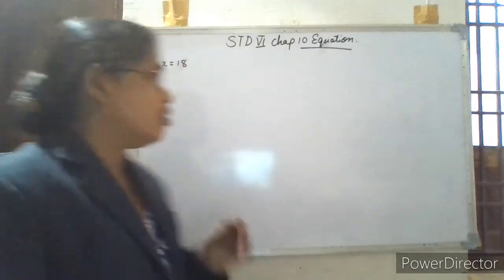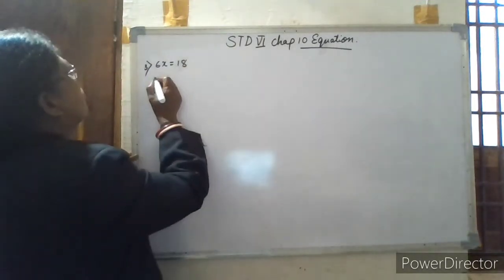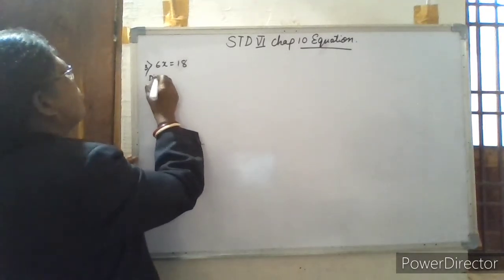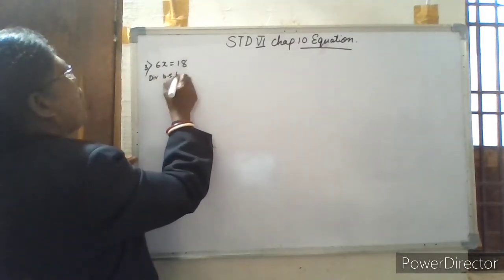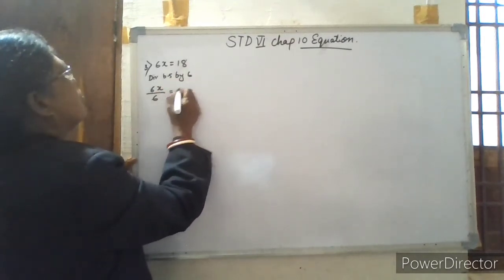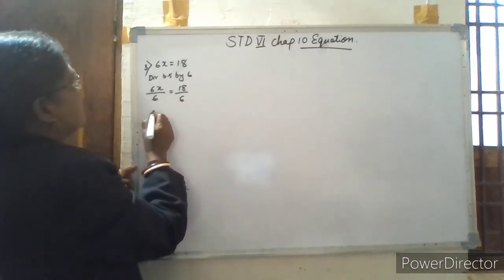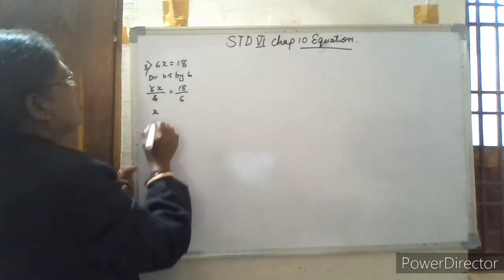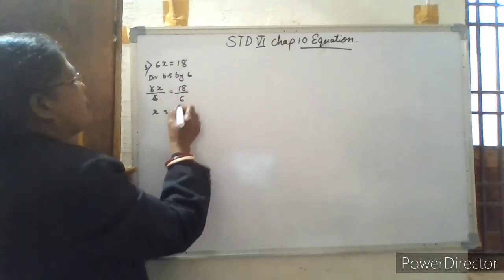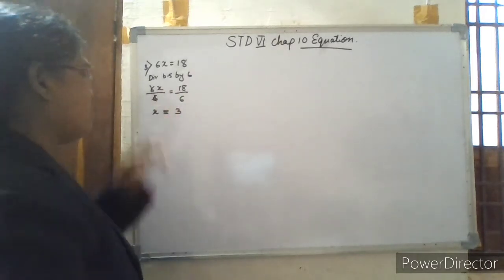Now the next equation, 6x is equal to 18. We divide both the sides by 6. So 6x by 6 is equal to 18 by 6. The 6 cancels and only x remains. 6 threes are 18, so 18 divided by 6 is 3.